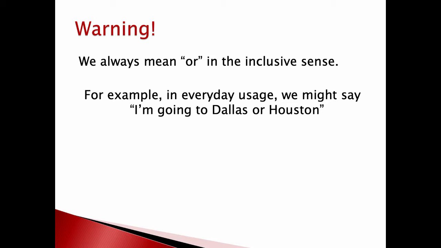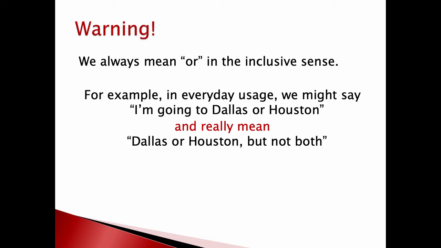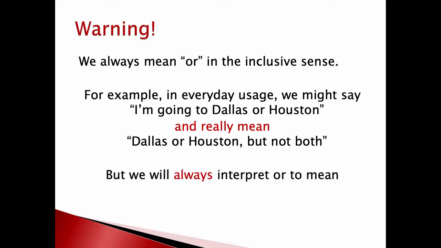What people really mean when they say that is, I'm going to Dallas or Houston, but not both of them. I'm going to one or the other. But when we're talking about logic and we're using the word or, we will always interpret or to mean Dallas or Houston or both. So that's why in that last truth table, true or false, and also the line that was false or true, were both true.